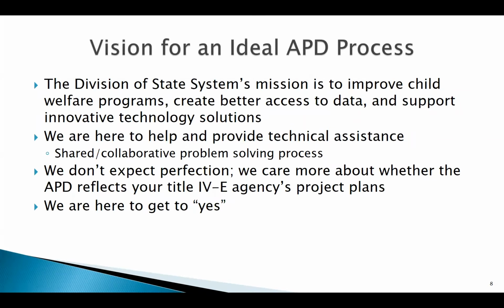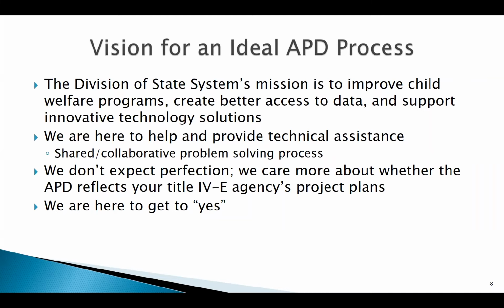So we wanted to start off with the vision or the ideal APD process for us. At the Division of State Systems, our mission is to improve child welfare programs by creating better access to data and supporting innovation and technology solutions. We really are here to help and provide technical assistance.